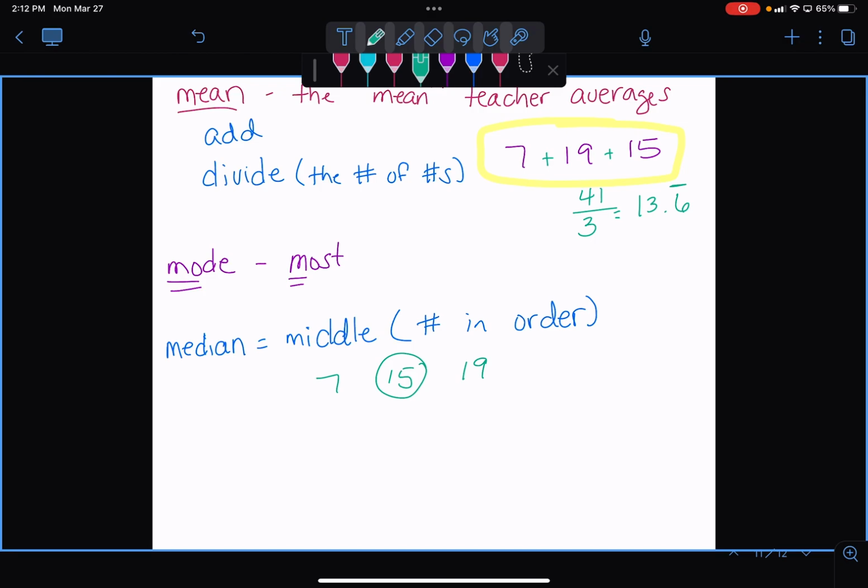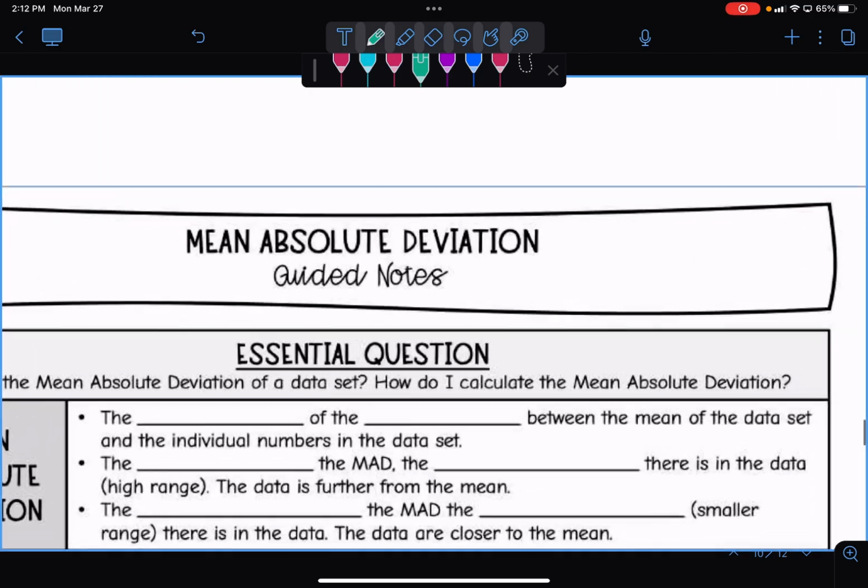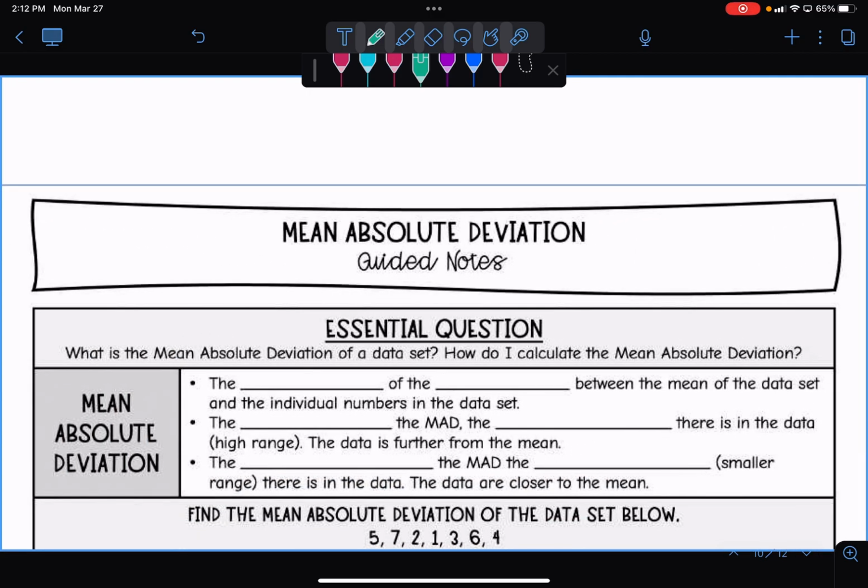All right. Now unfold it, and we're going to talk about mean absolute deviation. It's called MAD, M-A-D, mean absolute deviation. We just said that mean means what? The middle. Yes, that's correct. Mean means the average.